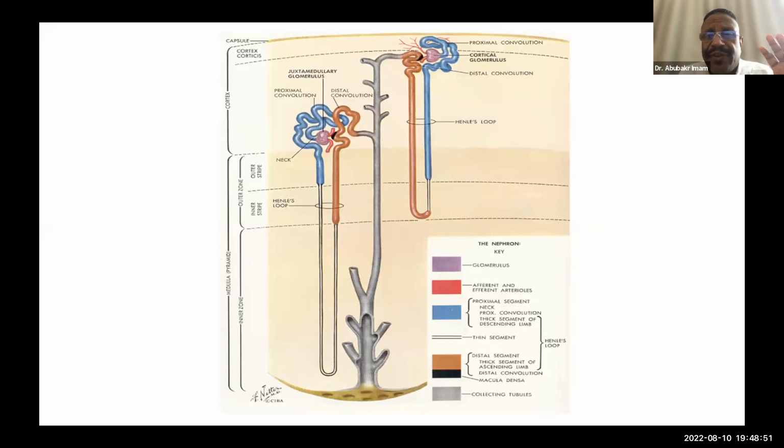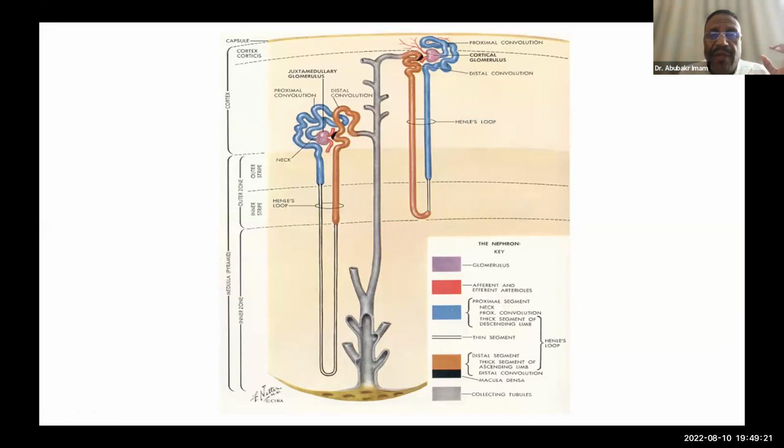Now it is left for the distal part of the nephron to fine-tune certain things, and at the level of the distal nephron is going to be the handling of the water. That's why the antidiuretic hormone is mainly working in the distal part of the nephron, the collecting ducts, and the proximal part is handling all the sodium. Yet we have to look at certain fine-tuning.